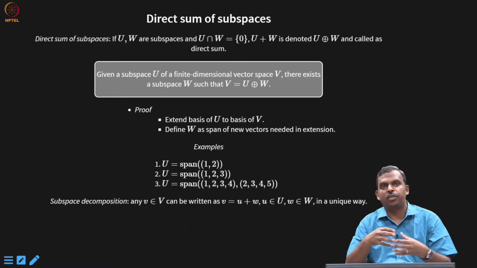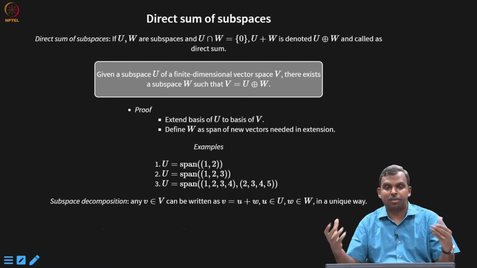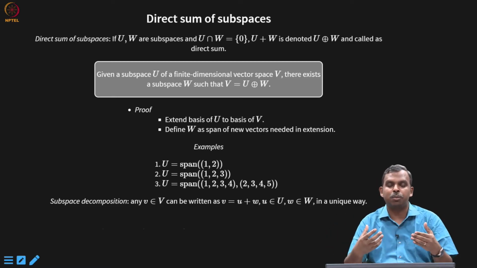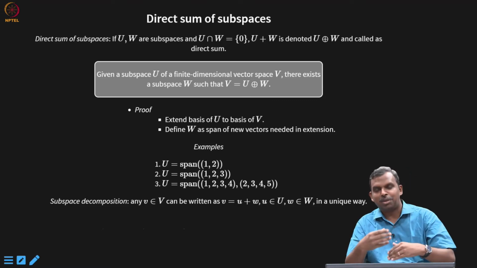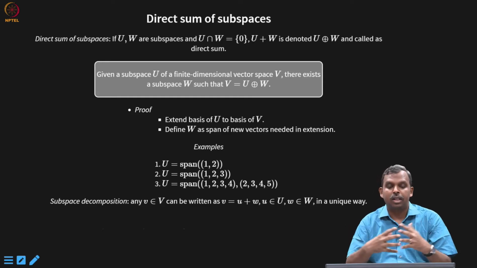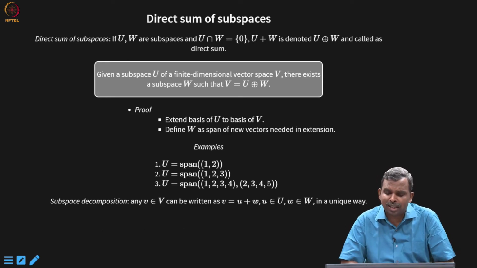Think of different ways in which you can decompose; this gives you a solid way to say the entire vector space can be formed as a direct sum of subspaces. The proof itself is not very hard, it is in your book.